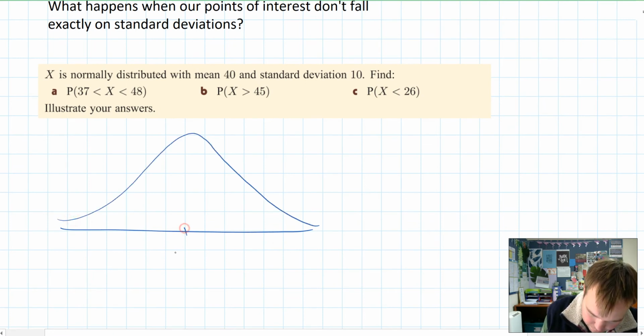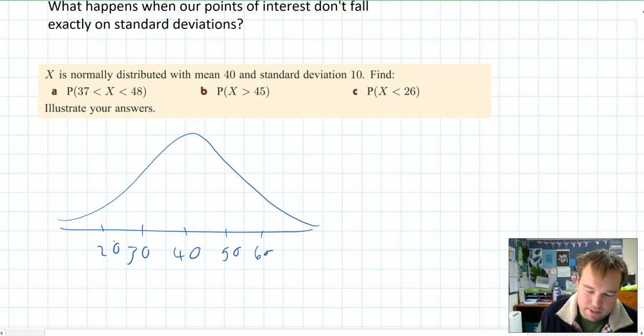Well, that there is 40. Standard deviation of 10 is 50, 30, 60, 20, etc. Find the probability that x exists between 37, so that's just here, and 48, there.